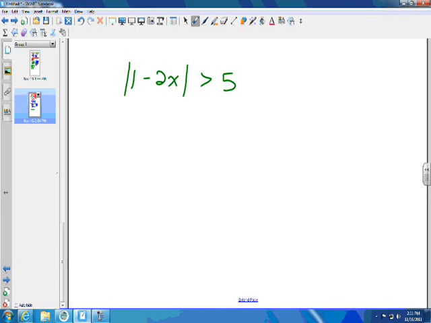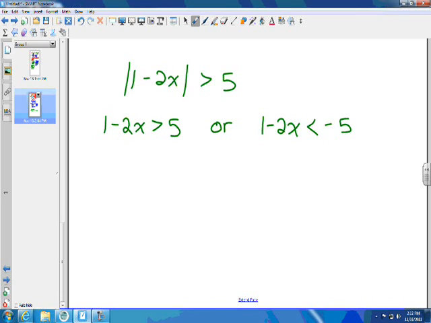Is the absolute value by itself? Yes. So we split it up. What's following the absolute value on this one? Greater than, so we write it exactly as it is. 1 minus 2x is greater than 5. Or 1 minus 2x less than negative 5.